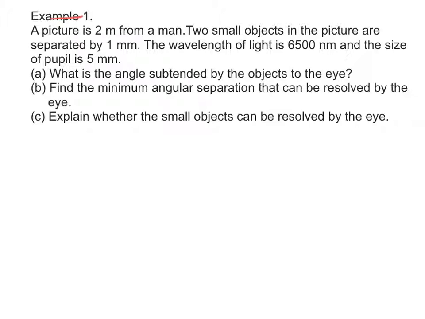Example 1. A picture is 2 meters from a man. Two small objects in the picture are separated by 1 mm. The wavelength of the light is 6,500 nanometers, and the size of the pupil is 5 mm.